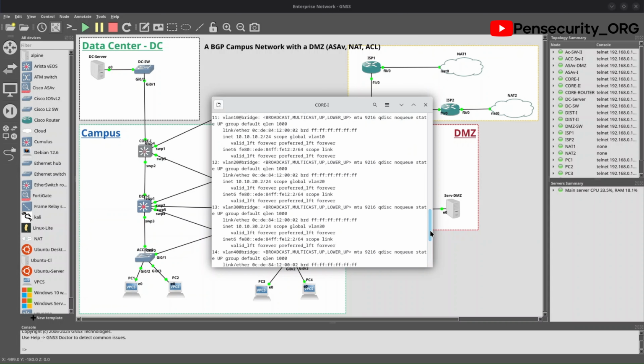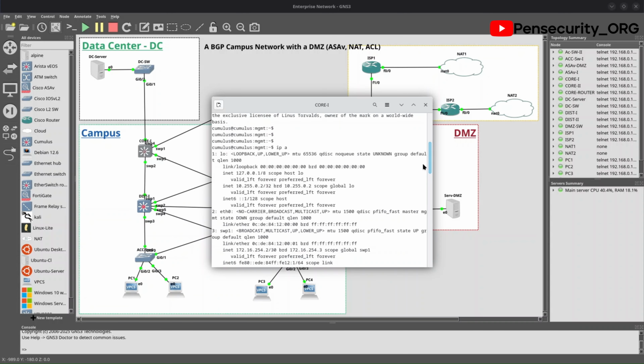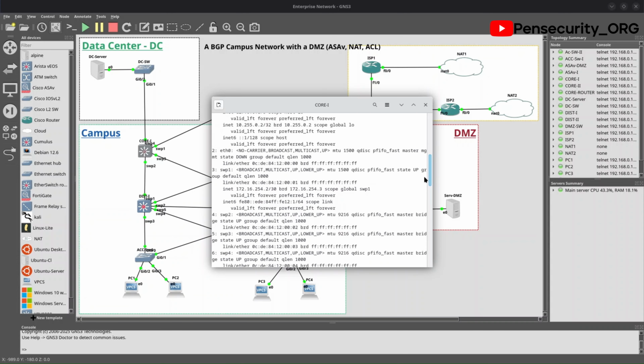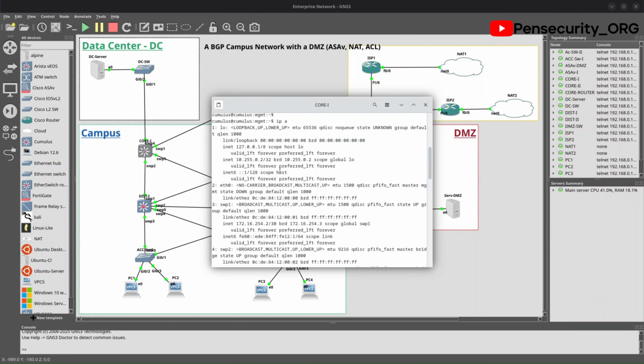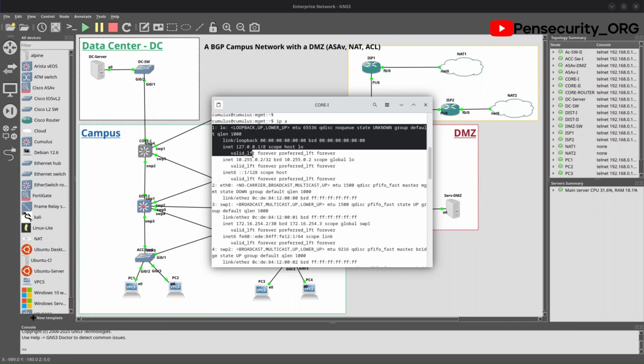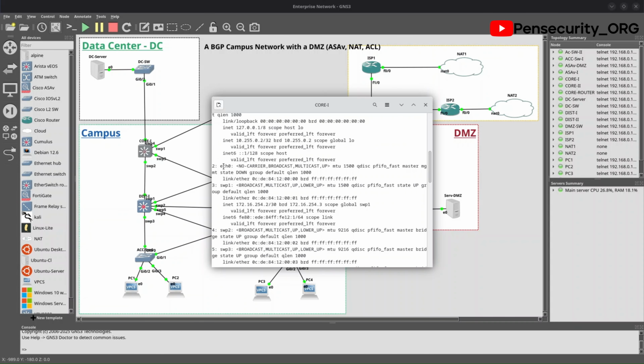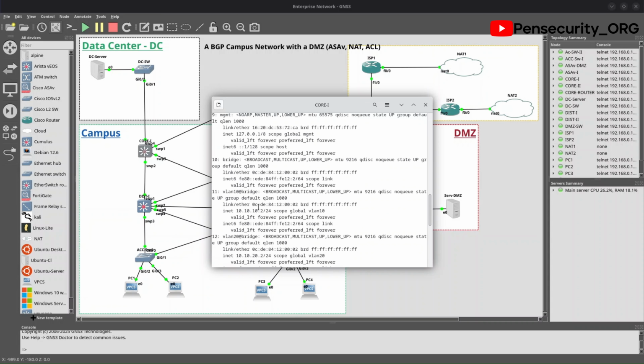So let's look closely. Yes, you can see we have a loopback address here as 10.255.0.2. Then we have the interface as 172.16. That is what we have here.